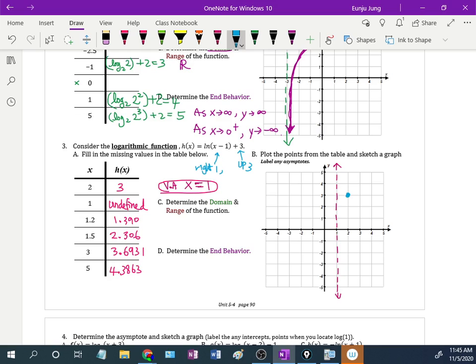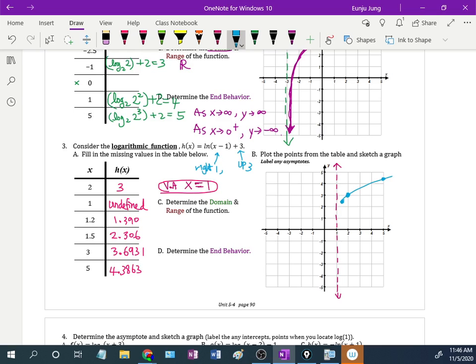And 1, I'm not plotting. And 1.2, that's too small. Let me use 1.5, about 2 point something. All right, probably here. That's good enough. And 5 and 4.38, so about 4.4 right there.